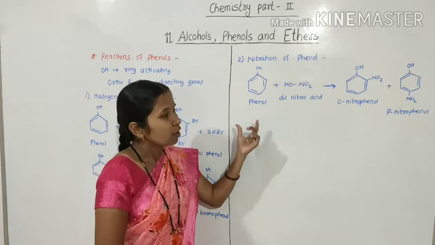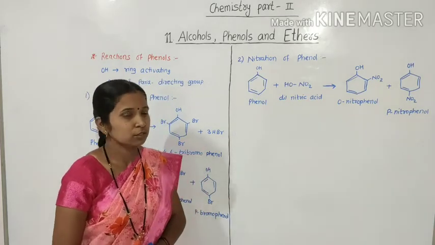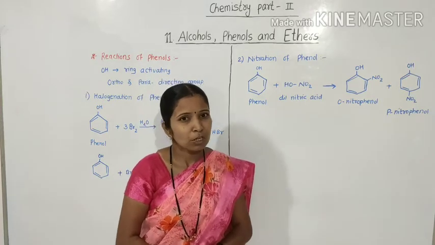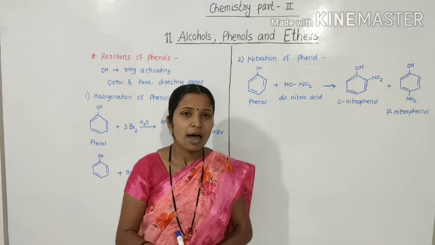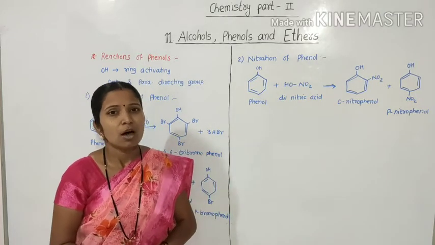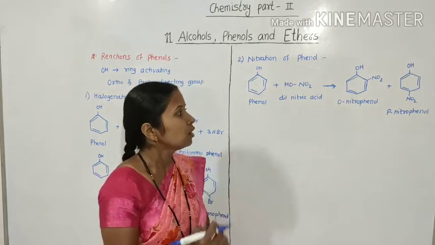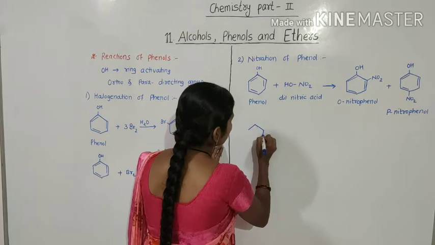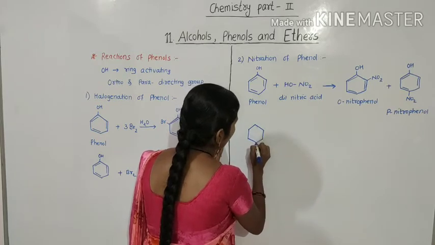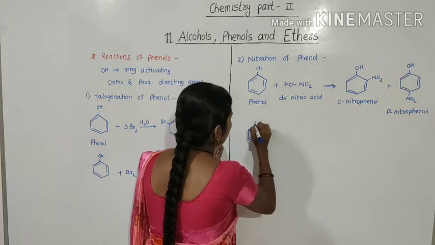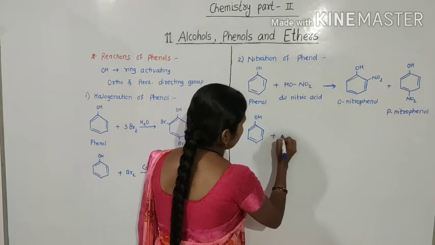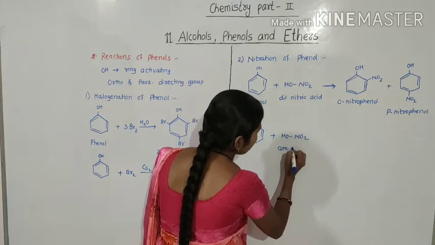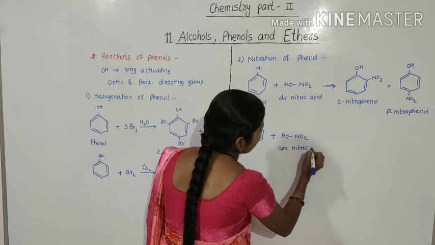Then phenol reacts with concentrated nitric acid. Then there is formation of 2,4,6-trinitrophenol, which is also called picric acid. Let's see the reaction. Here phenol again reacts with concentrated nitric acid.